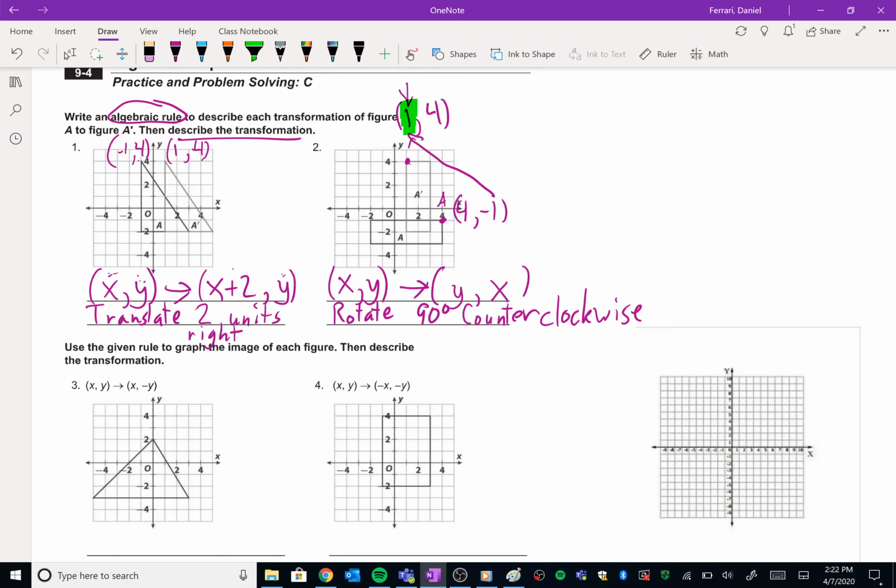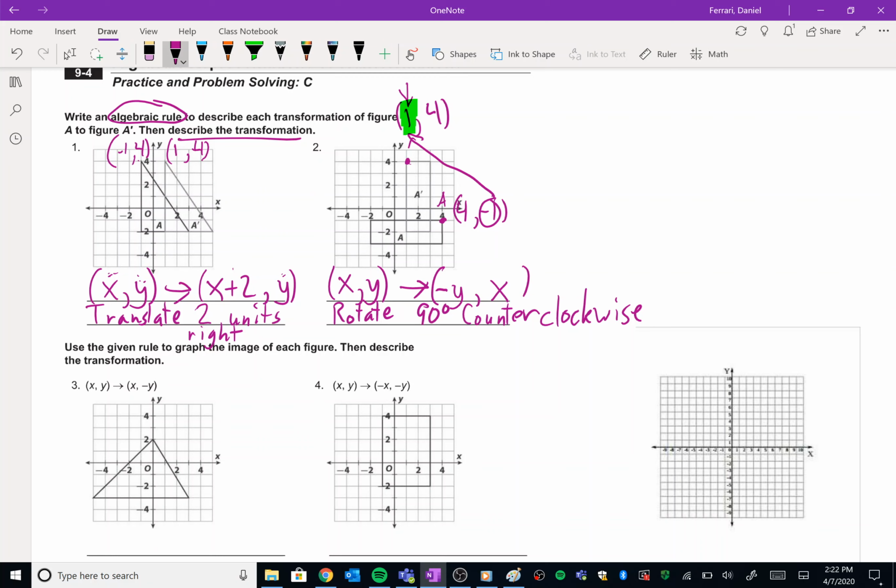That's pretty easy. All I have to do is make the y value its opposite. Make it negative. So if I take this -1 and turn it into a positive, now I've got my transformation. x, y rotates into negative y, x. And you'll notice, because those coordinates switched, that's what causes the rotation.